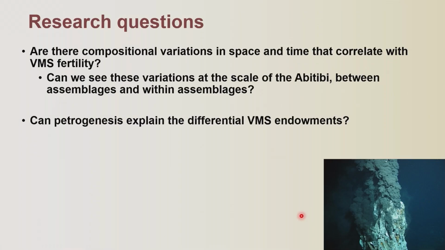So what are the research questions for this project? Are there compositional variations in space and time that correlate with BMS fertility? Can we see these variations at the scale of the Abitibi, between assemblages and within assemblages? Can petrogenesis explain the differential BMS endowments?